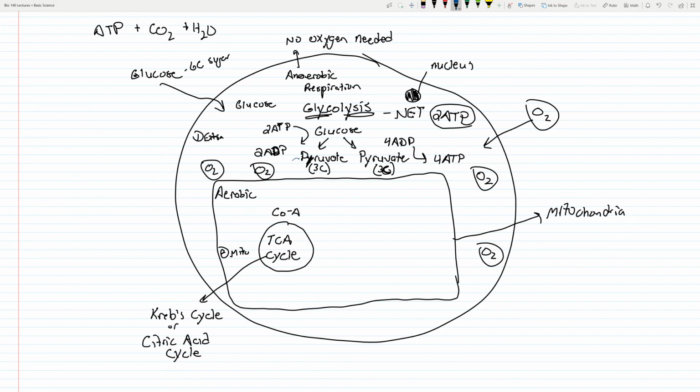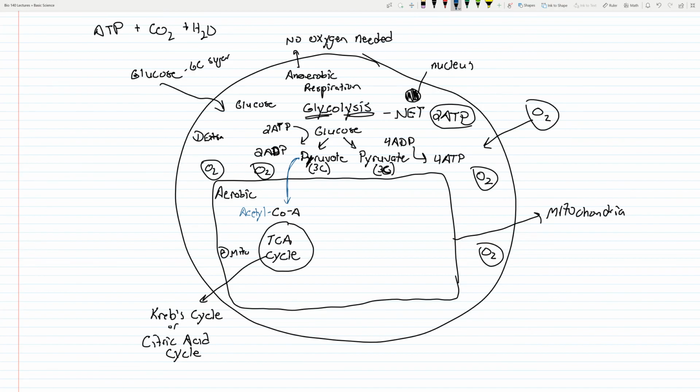Our blue is going to be aerobic. And after that, I just need you to know general things. So a pyruvate gets attached to coenzyme A to make acetyl coenzyme A.